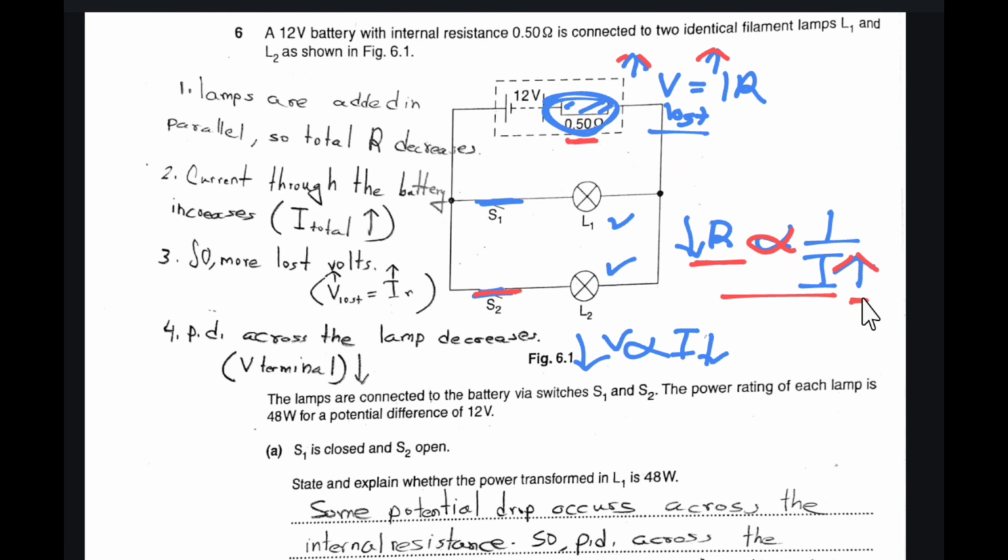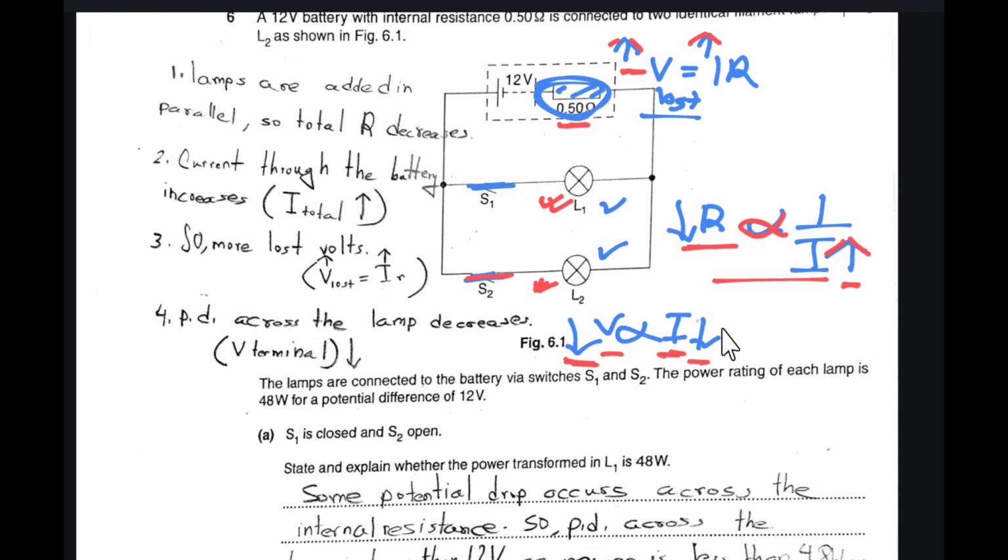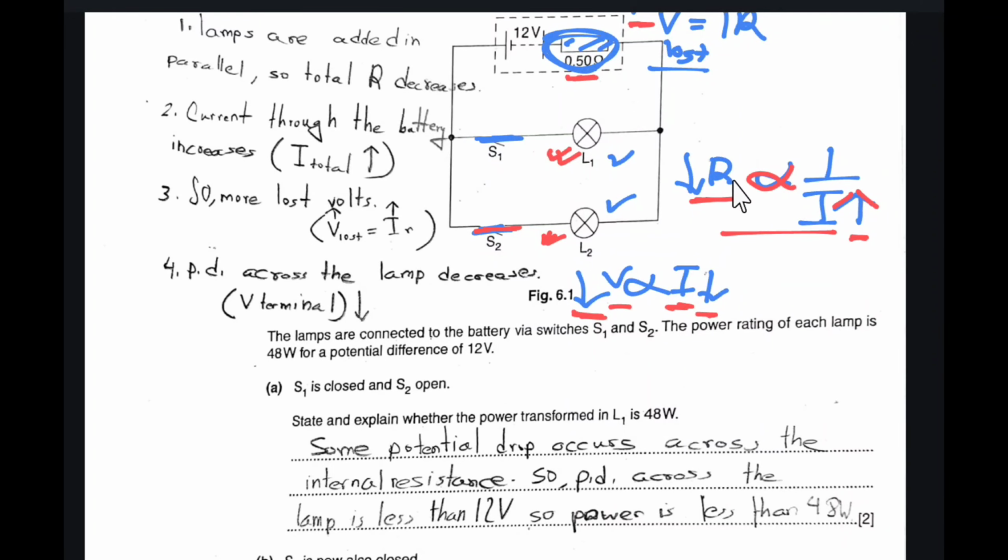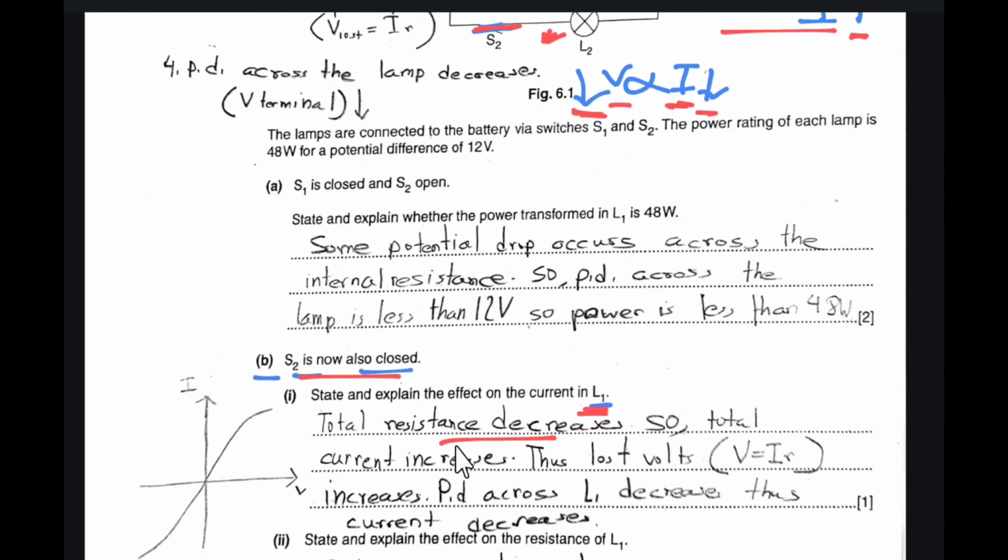As lost volt increases, the voltage across the lamp decreases, and as voltage is directly proportional to current, as voltage decreases, the current through L1 decreases. You should follow these steps and memorize them to understand it better.